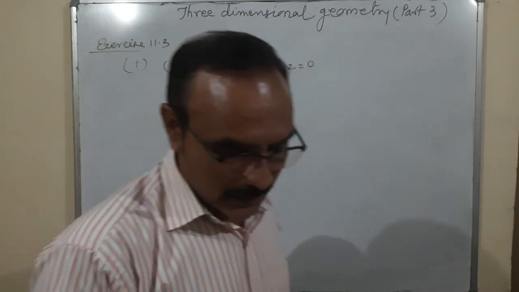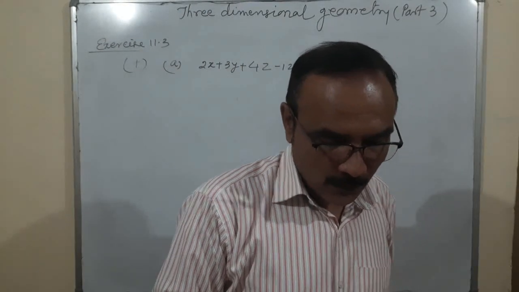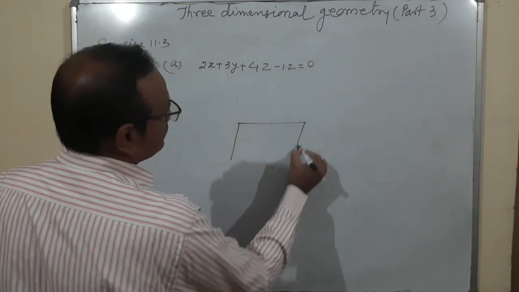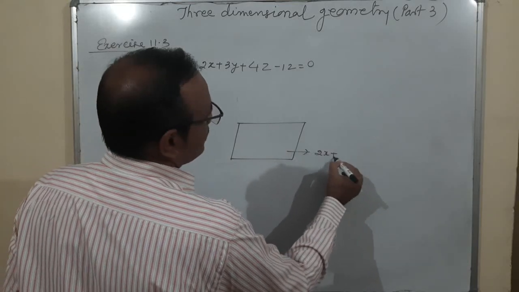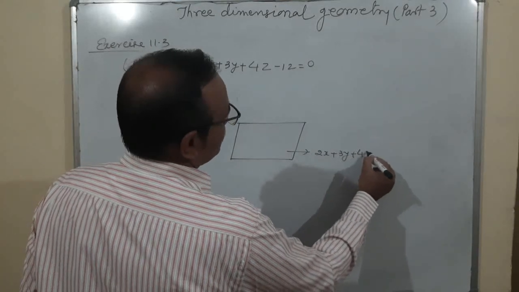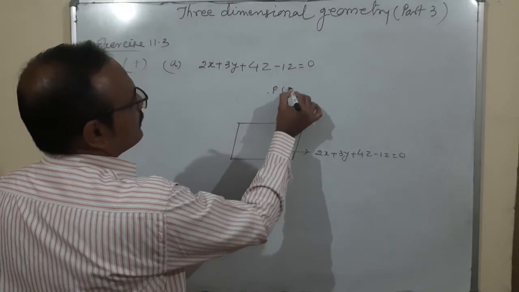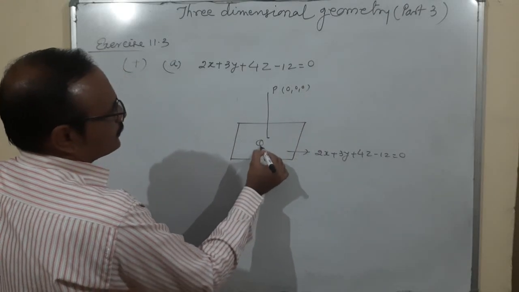That is the question. We are going to find the coordinates of the foot of perpendicular. So that is a plane, with equation 2x plus 3y plus 4z minus 12 is equal to 0. Let this point be the origin P, and the foot be Q.